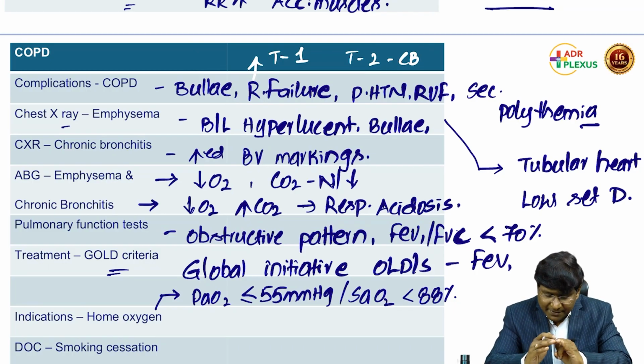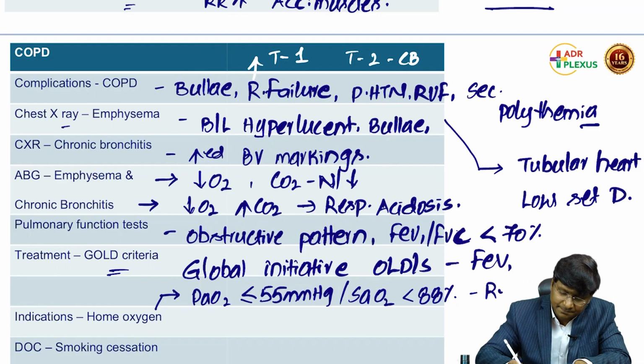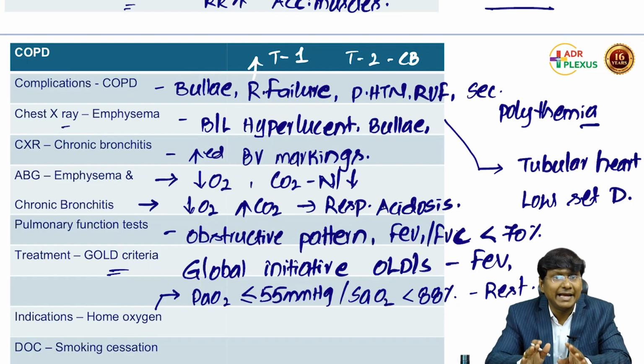So partial pressure of oxygen less than 55 millimeters of mercury, saturation less than 88%, at rest or on room air, okay?